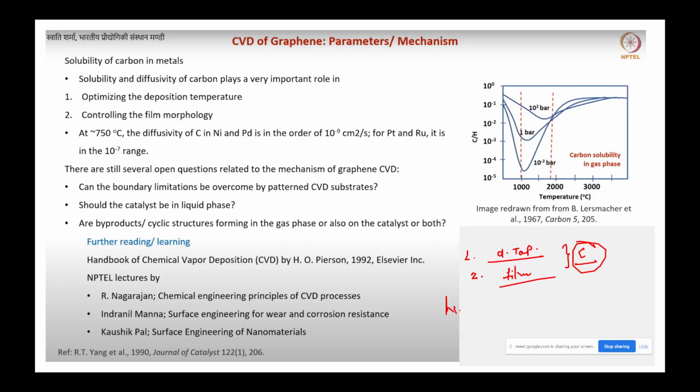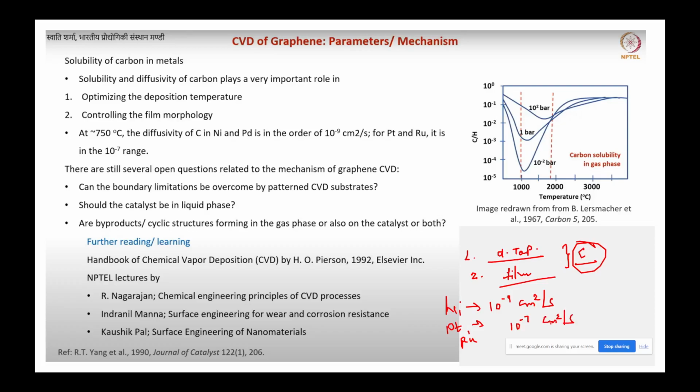Similarly, when you use platinum or ruthenium, it is in the range of 10 to the power minus 7 centimeter square per second.